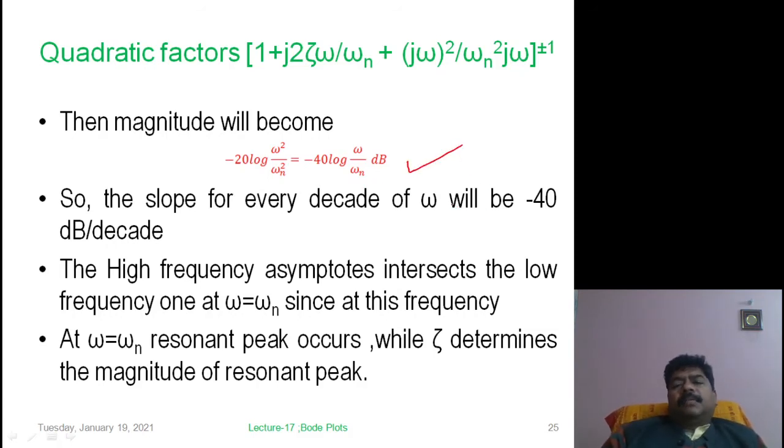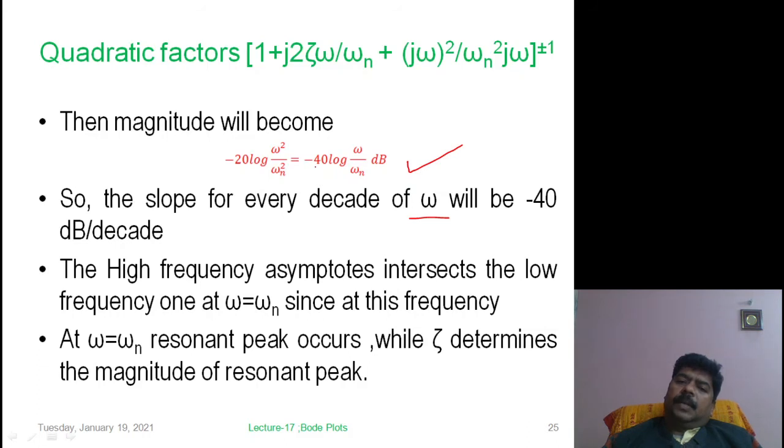So for the quadratic factor, consider the change over every decade of frequency. Say omega equal to 0.1 omega n, so this will be plus 40 dB, and that will result in 0 dB, and then if it is considered to be 1 omega n, that will be 0 dB.